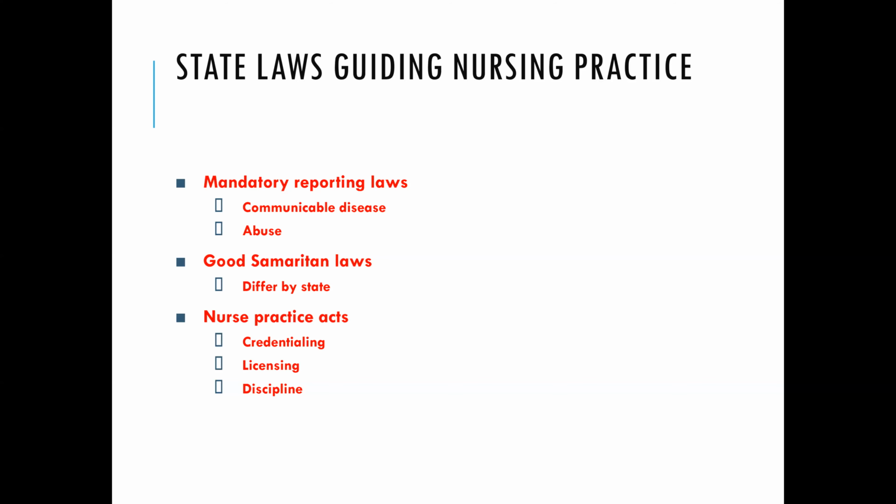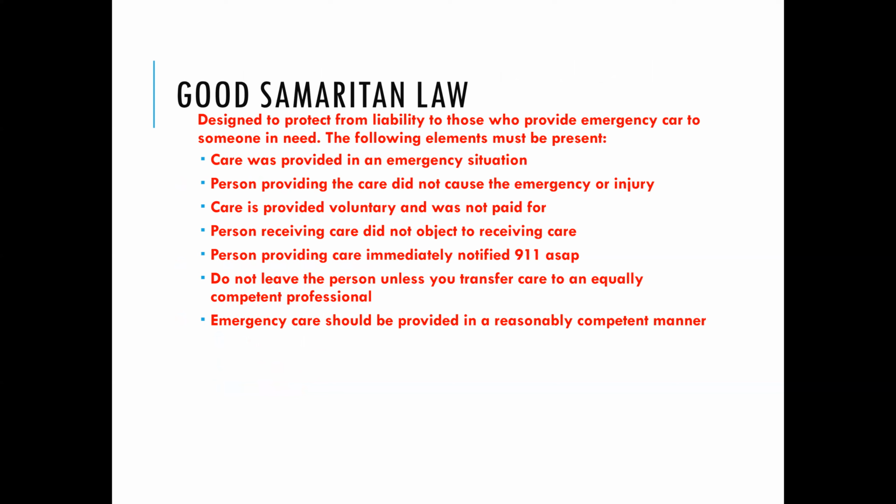It's also meant to identify the minimum level of nursing care that must be provided to clients. They also handle credentialing, licensing, and discipline as well. Because remember, the State Board of Nursing is the one who handles the Nurse Practice Act, and the State Board of Nursing is the police of nurses. Okay. So the Good Samaritan Law. So you need to know this.